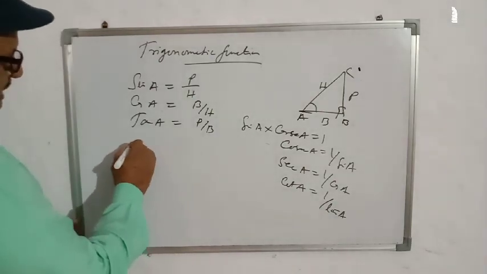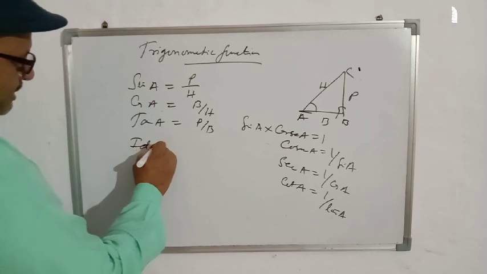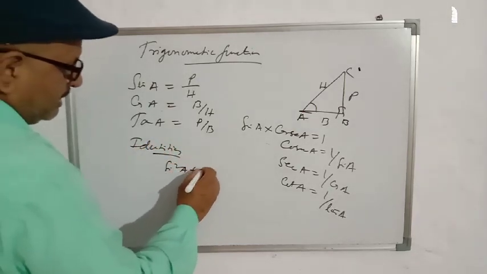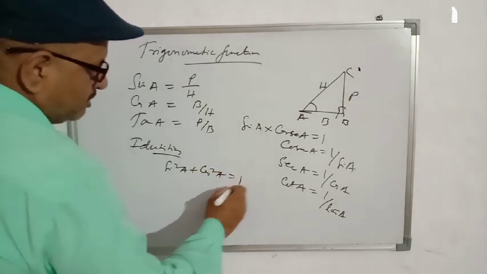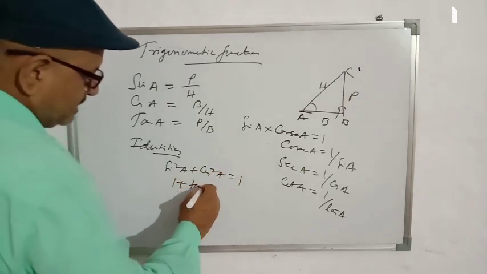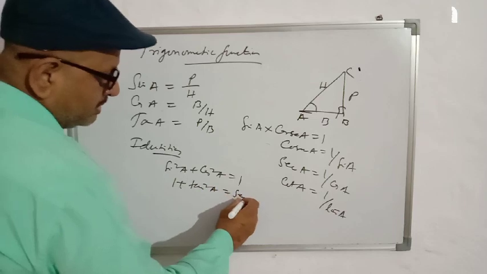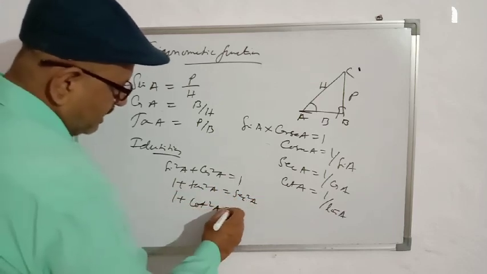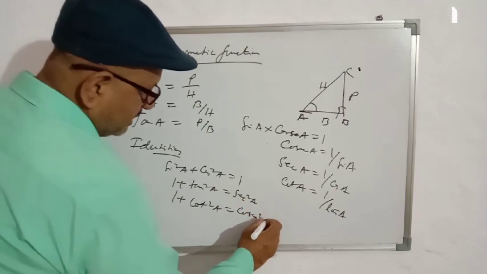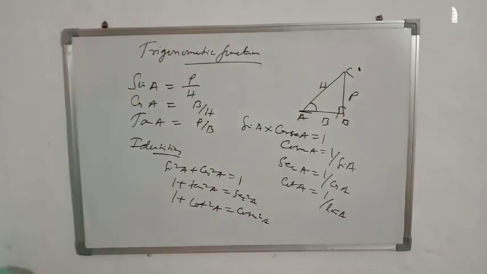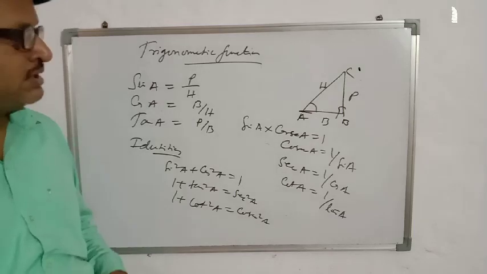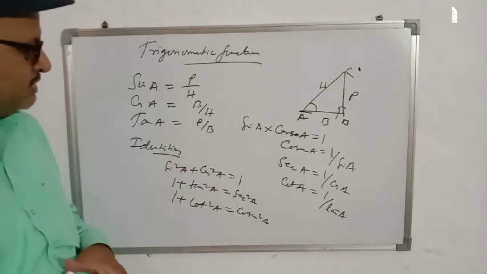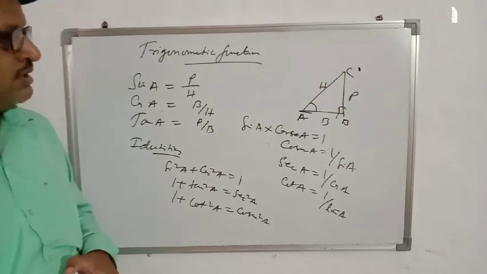Some fundamental trigonometrical identities: sin square A plus cos square A is equal to 1, 1 plus tan square A is equal to sec square A, 1 plus cot square A is equal to cosec square A. These things you have already studied in class 10th, so you can apply these formulas, these identities, in problems.